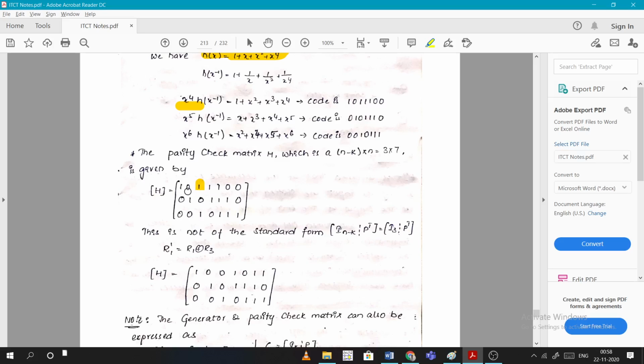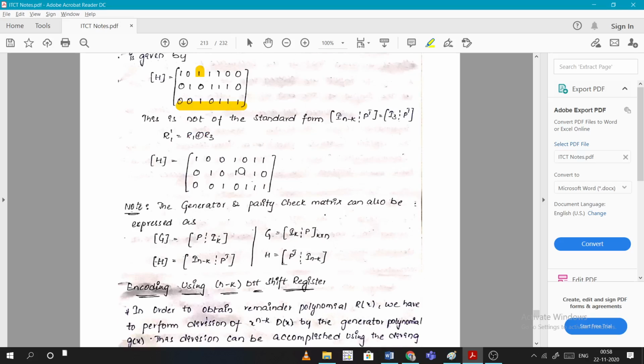So what we'll do is XOR this row with the last row, and we get 1 0 0 1 0 1 1, 0 1 0 1 1 1 0, like that. So this is the new refined H matrix. Here we can see this is the identity matrix, and this one is P transpose.